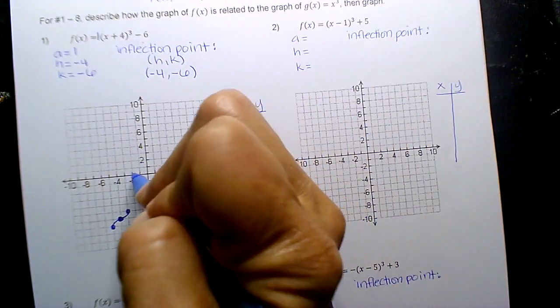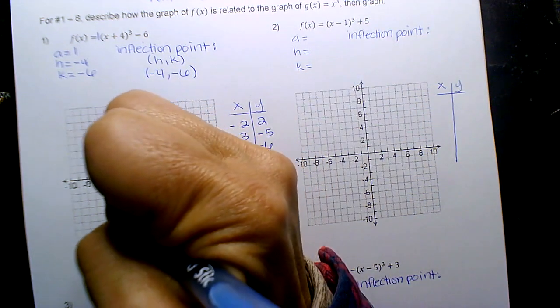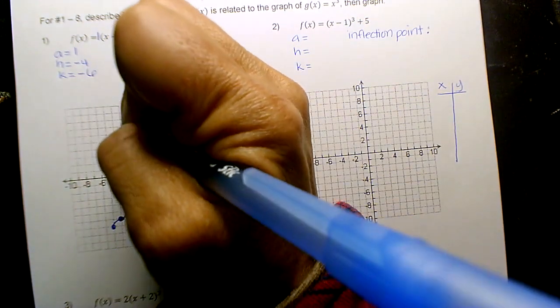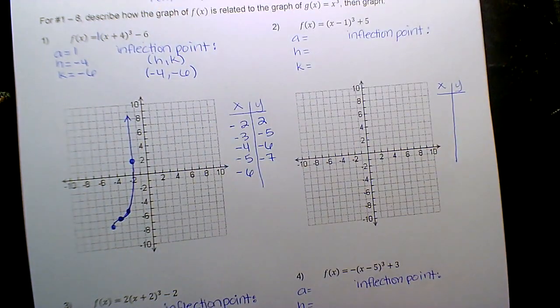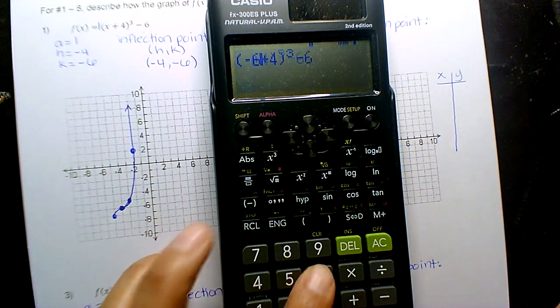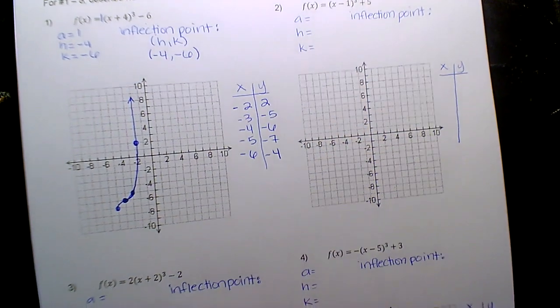Substitute -2, I get 2. So -2 is 2. And then what's -6? -14. And so obviously that's like way off.